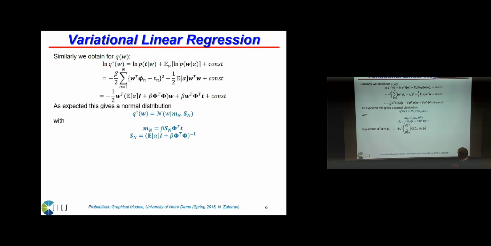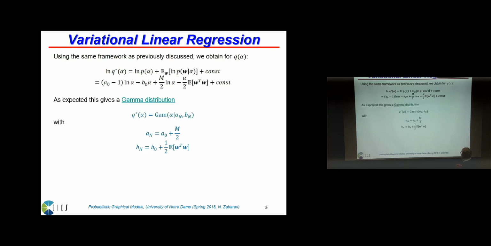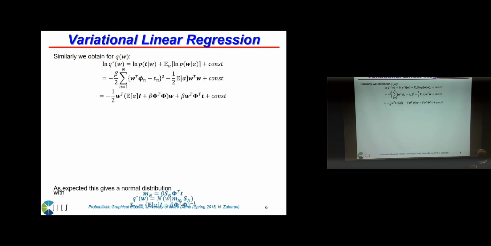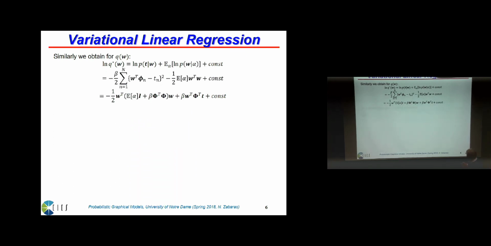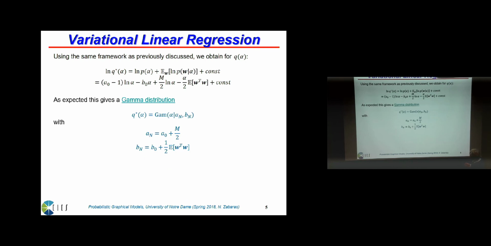And what was the other one? Here you had W; I don't remember exactly, but this looks very familiar, only with alpha here. You need to check it, but you notice the coupling.